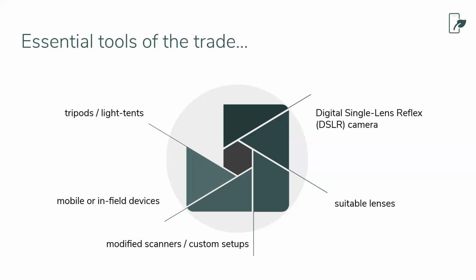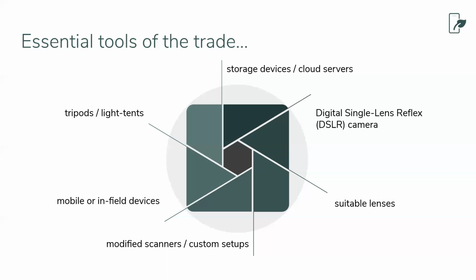And of course, tripods and light tents, there are all sorts of interesting setups for having a black background or a pure white background, really trying to capture those taxonomic characters that might be useful for identification and other purposes. And finally, you need to be able to store these photographs, whether you have storage devices such as hard drives, or increasingly today, cloud servers that are really mobilizing the use of photography for all sorts of purposes.